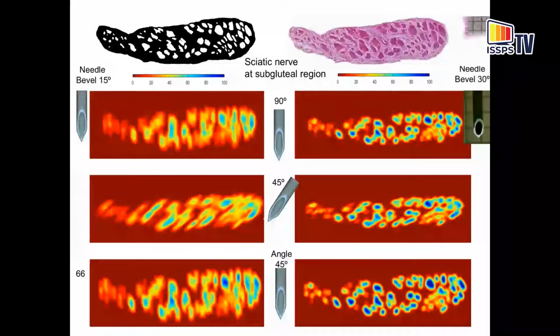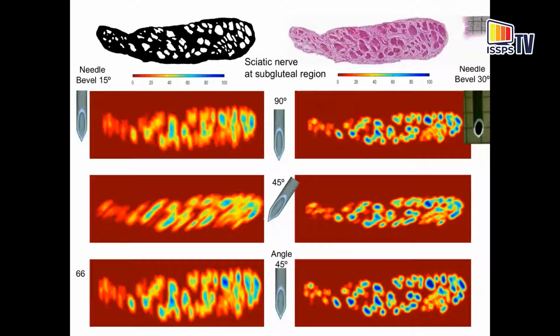The blue marks the highest risk of intrafascicular injection within the nerve. This risk may be modified after using different needle diameters or bevel angles. Approaching at a different angle is another choice affecting the risk of intrafascicular injection.